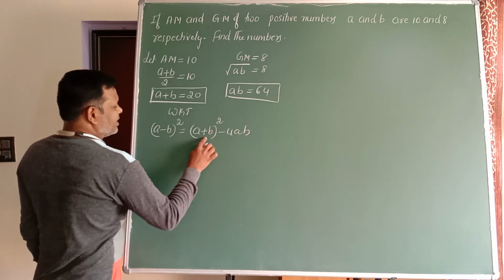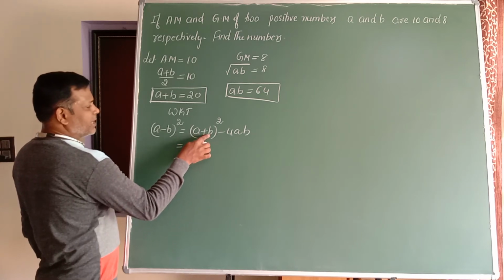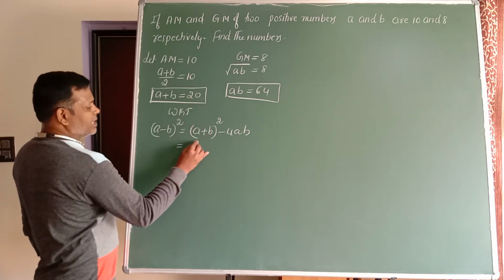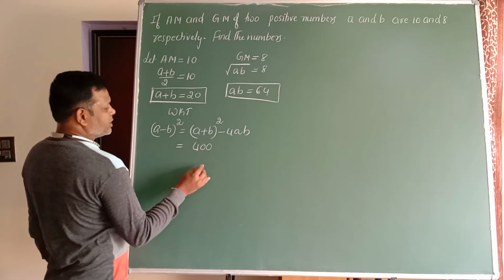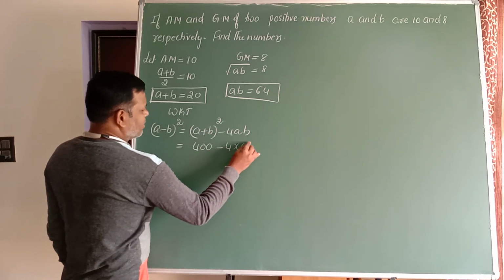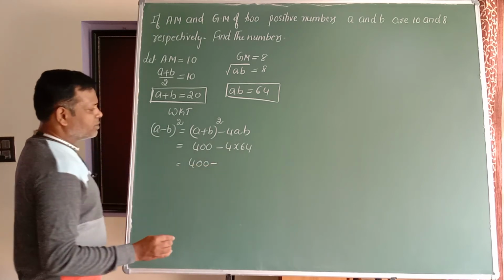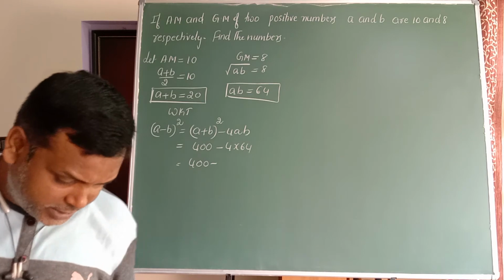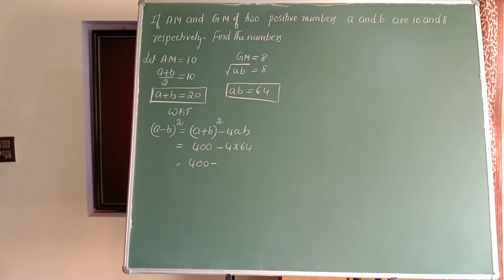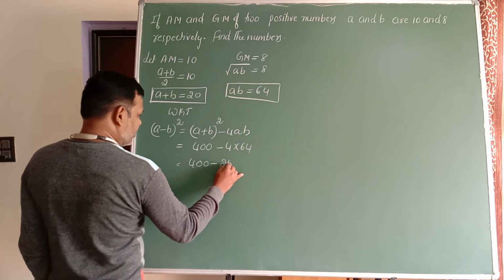A plus B is 20, 20 square is 400, minus 4 into 64. 4 into 64 is 256.